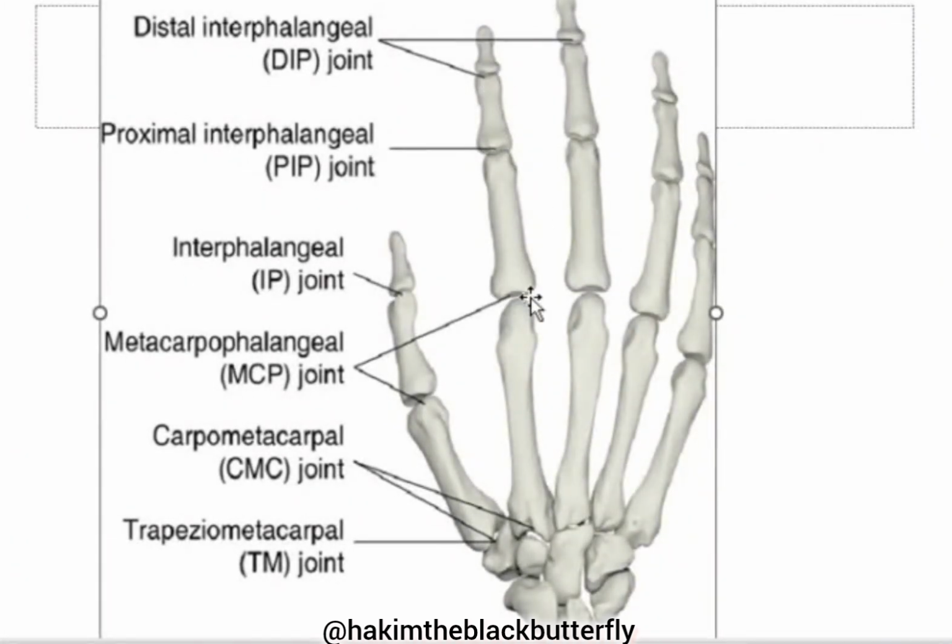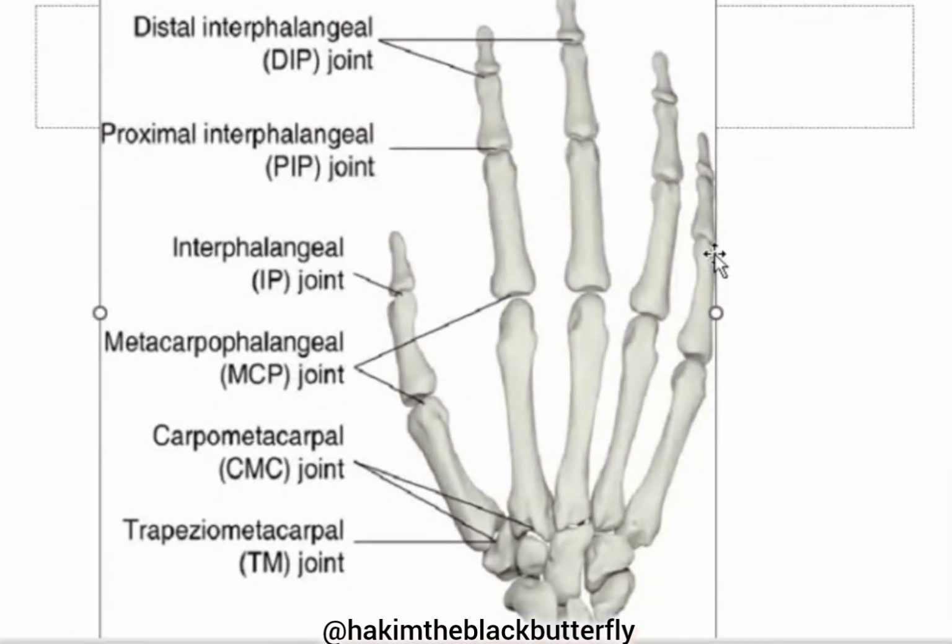And these are the metacarpophalangeal joints. So, intercarpal joints, carpometacarpal joints, metacarpophalangeal joints, and these are the interphalangeal joints.